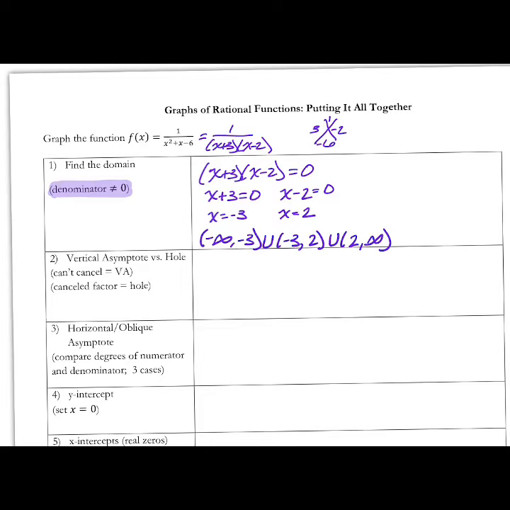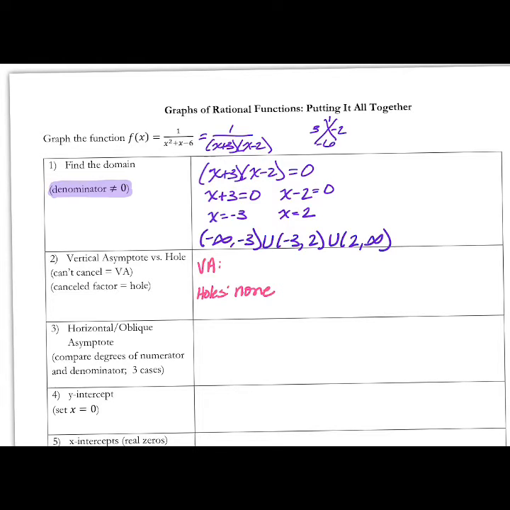Okay? So now the next one, vertical asymptotes, is pretty easy once we've done the domain, because my vertical asymptote goes with my domain. Well, first, I don't have anything that crossed out. Since I didn't have anything that canceled out in my equation, I have no holes, none. Okay? So I do have vertical asymptotes where my x's are not in my domain.